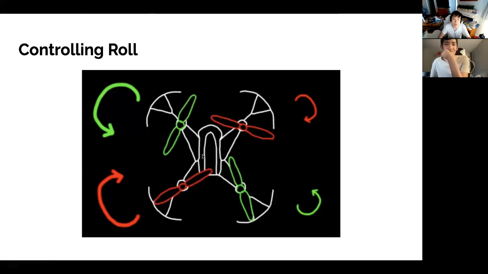In order to do that, you just increase the motor duty cycle on the left motors, which raises it. And because of conservation of angular momentum, since the motors are spinning in opposite directions, this will generate little to no rotation. It'll generate little to no yaw.